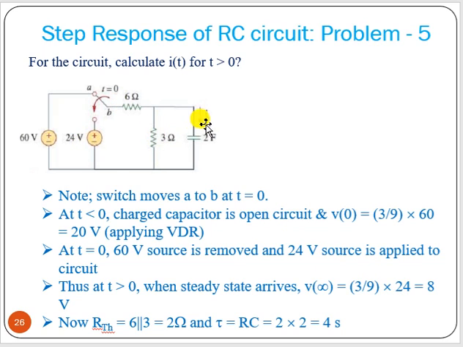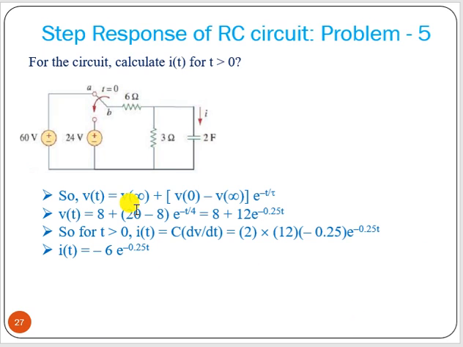RTH will be, looking from the capacitor end, 3 and 6 in parallel, so 2 ohm. So we got the value of tau, and we can put the values of V0 and V infinity. We get the equation. If you want to find IT, we know VC, so IT is nothing but C dV/dt, so we can find the value of IT also.